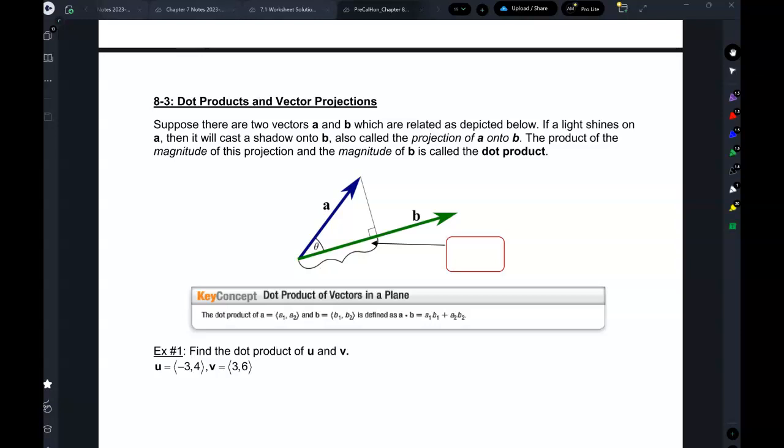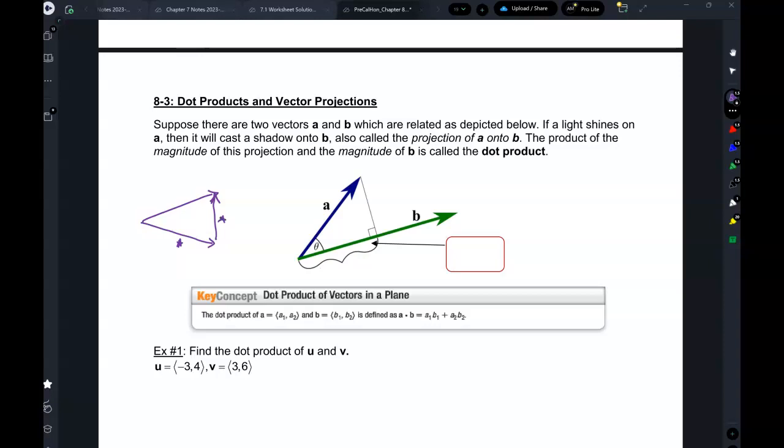Another way to think about it more mathematically is we know now that if you have any old vector, you can break it down into its components. These happen to be the horizontal and the vertical components of this, but those are not the only components that make up that vector. It could also be that one and that one. These two are the components that add to that vector.